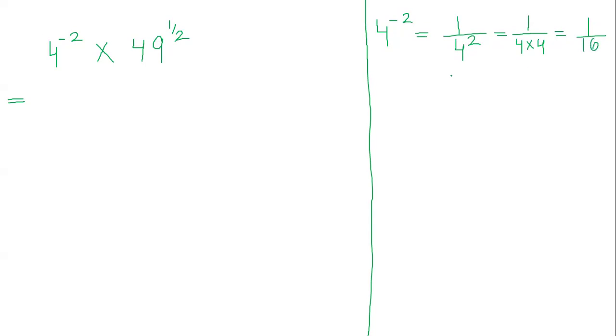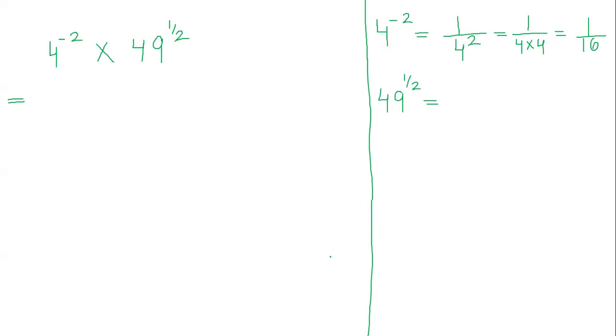Good. And so now we have 49 to the power of a half. It's going to be equal to, class, what does this mean? What does 49 to the power of a half mean?